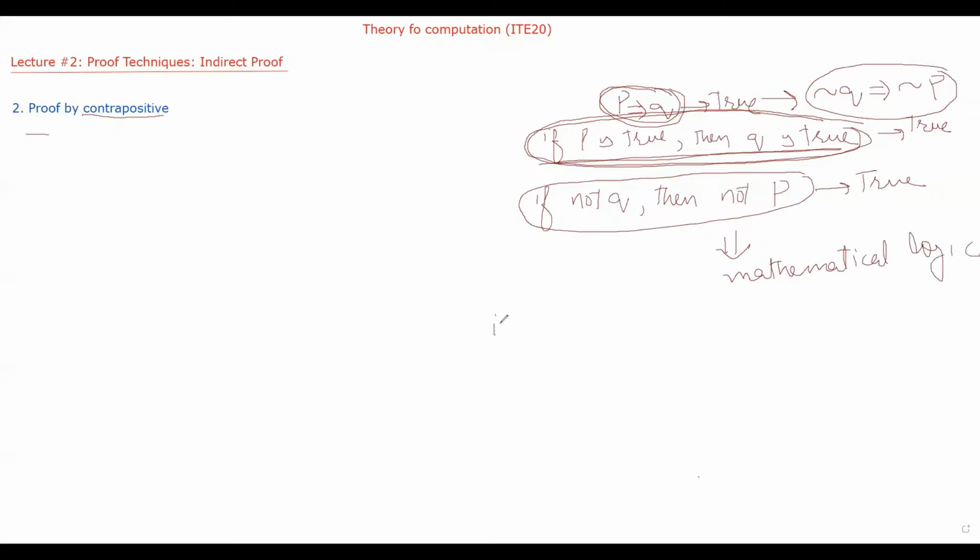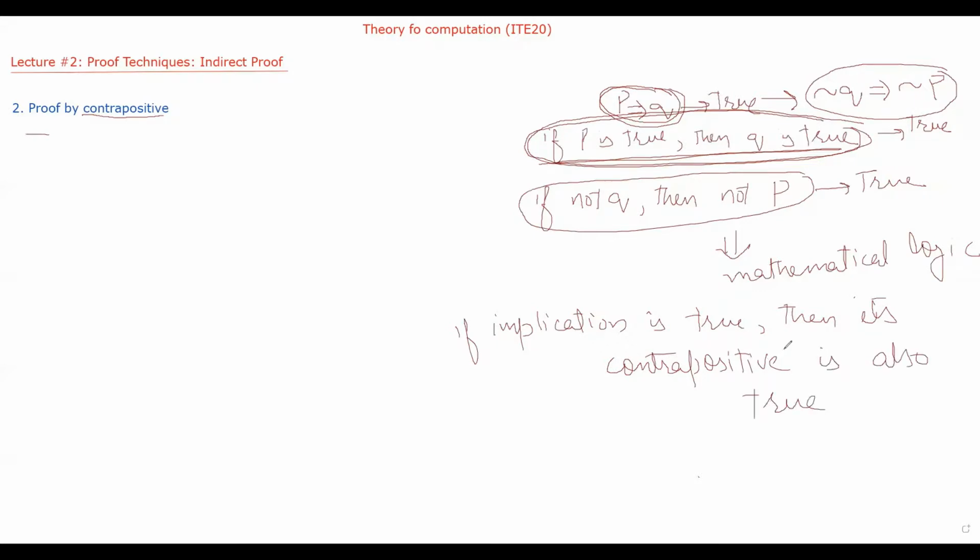That if an implication is true, then its contrapositive is also true, and vice versa: if the contrapositive is true, then the implication is also true.